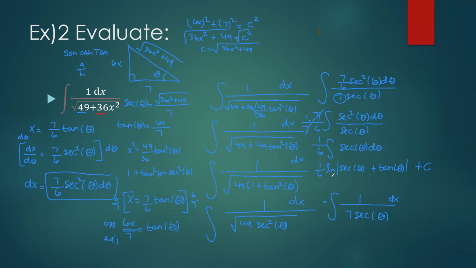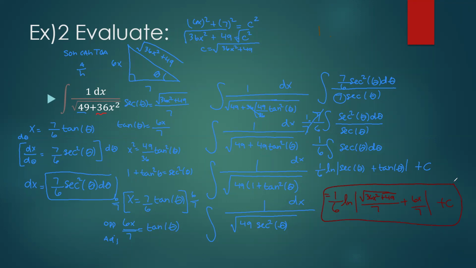So my final answer is, let me erase this. 1/6 ln absolute value of secant theta, which is the square root of 36x squared plus 49 over 7, plus tan theta, which is 6x over 7, absolute value, and then plus c. Okay, so that is my final answer.